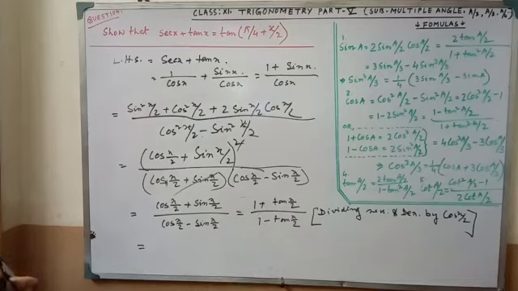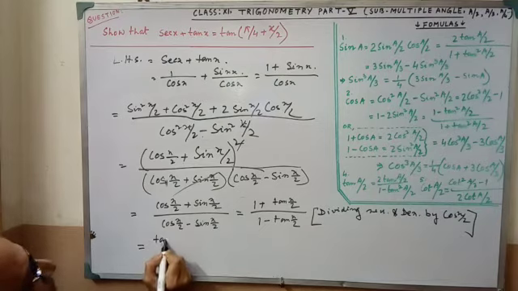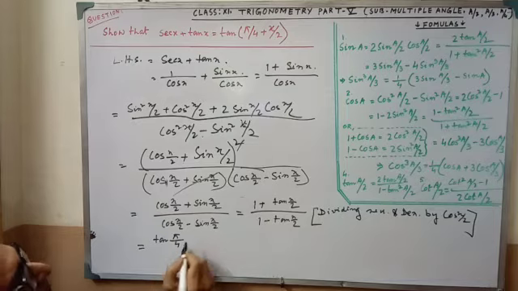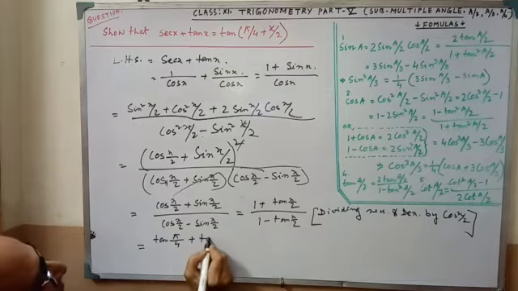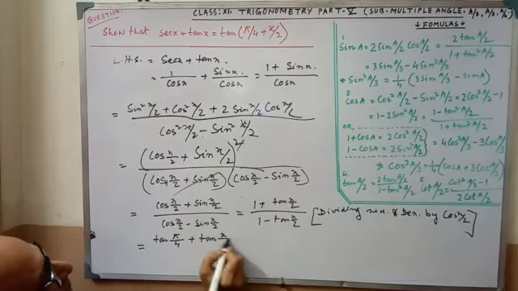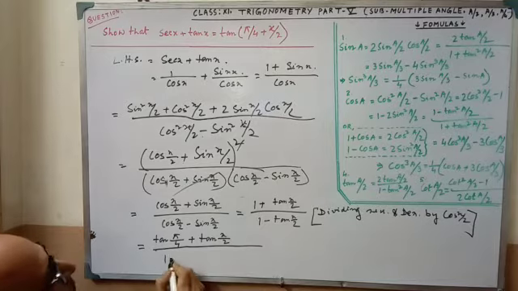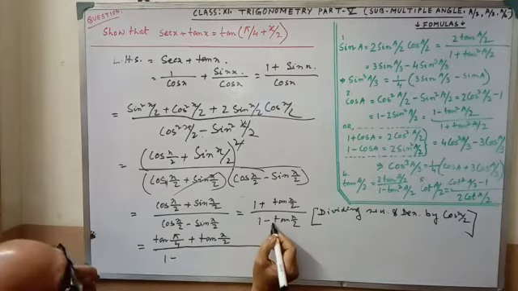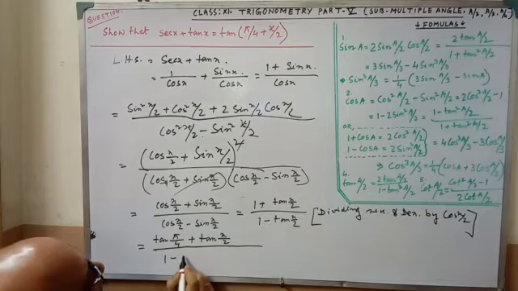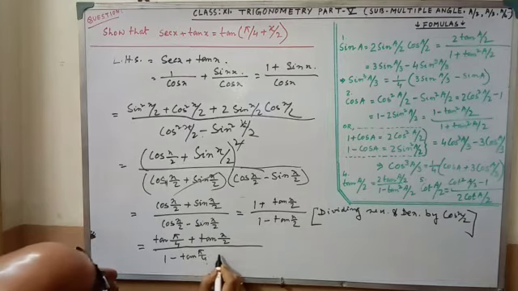Tan 45 degree is 1. So in place of 1 we may write tan pi by 4, that is 45 degree, plus tan x by 2, divided by 1 minus, here is nothing but 1, and 1 we may replace by tan pi by 4 into tan x by 2.